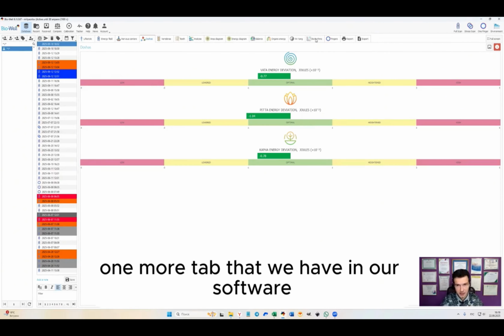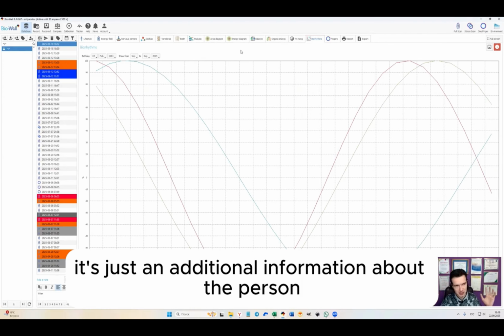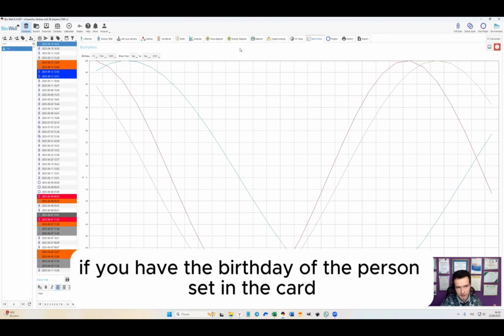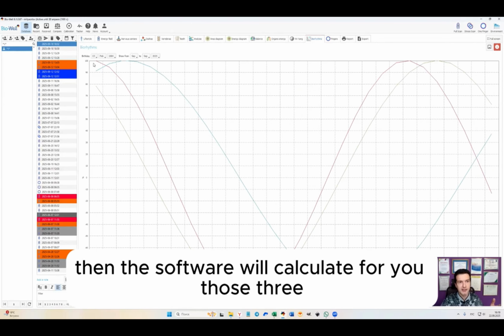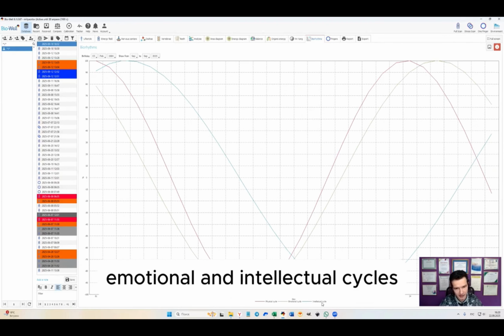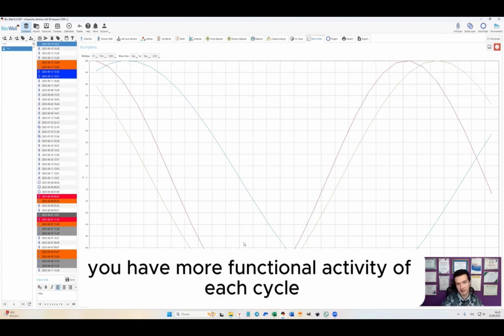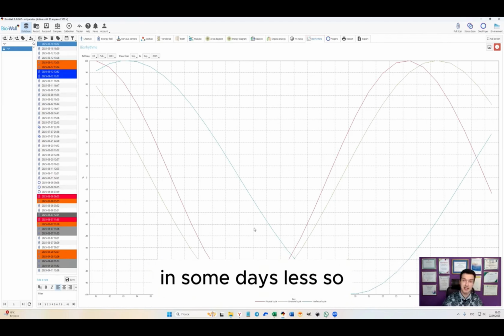One more tab that we have in our software is not related to your fingers at all. It's just additional information about the person. If you have the birthday of the person set in the card, then the software will calculate for you those 3 biorhythms: the physical, emotional, and intellectual cycles. The concept is that on different days, you have more functional activity of each cycle, on some days less.